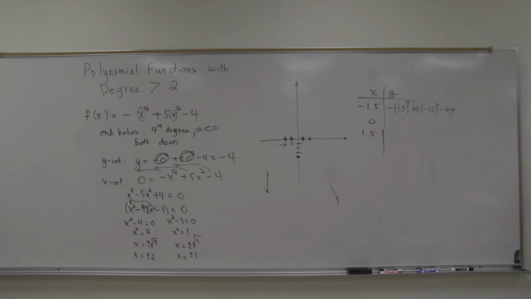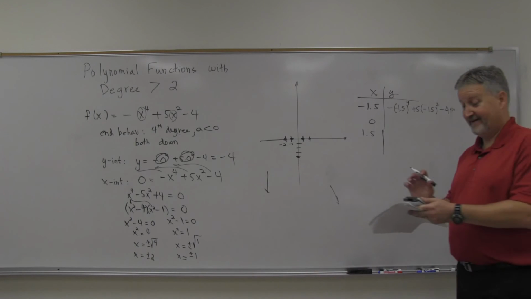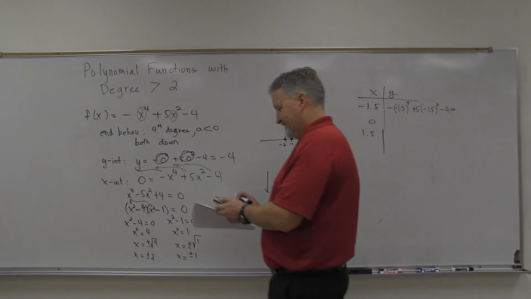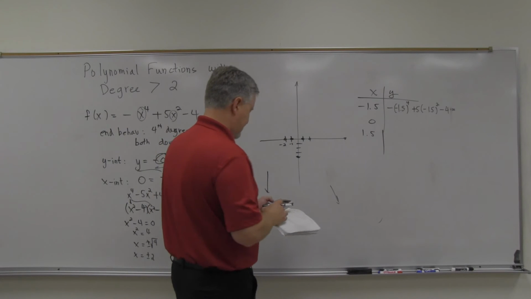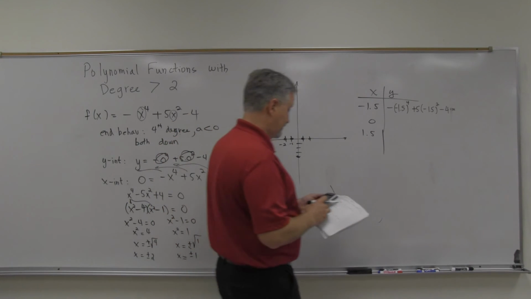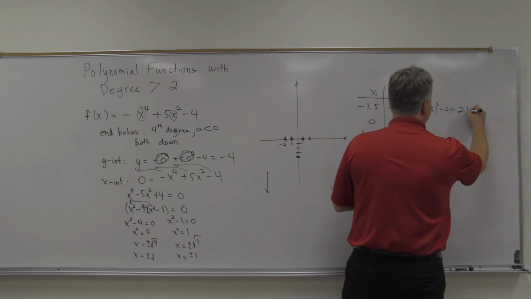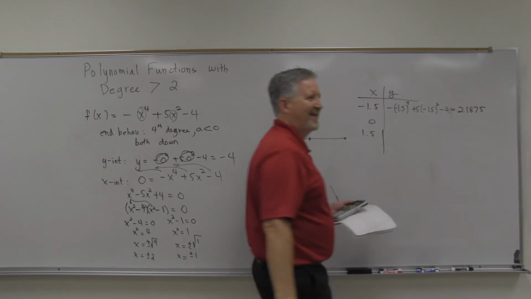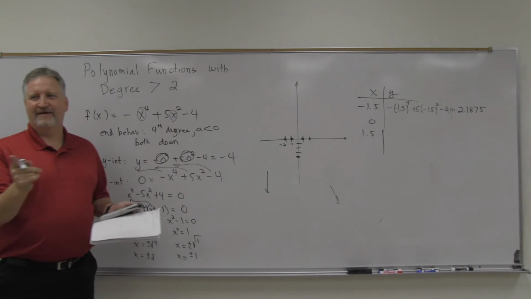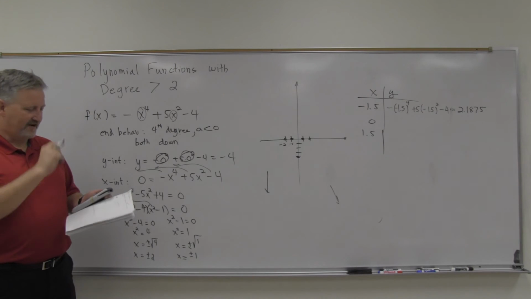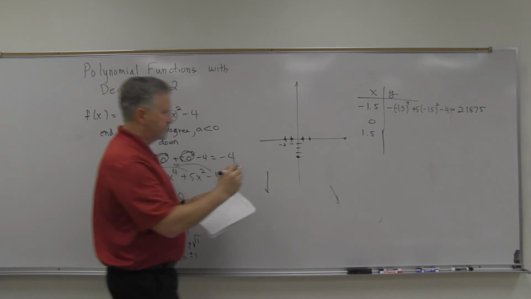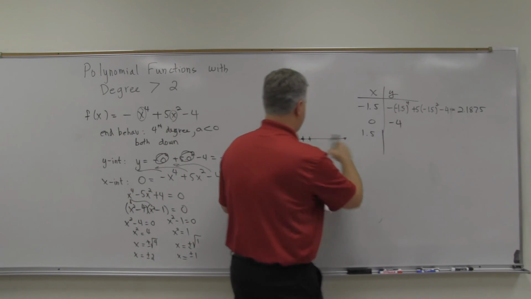Check here. I get 2.1875. Anybody else get positive 2.1875? I did. All right. For 0, we already know that's negative 4. We've already got that one.